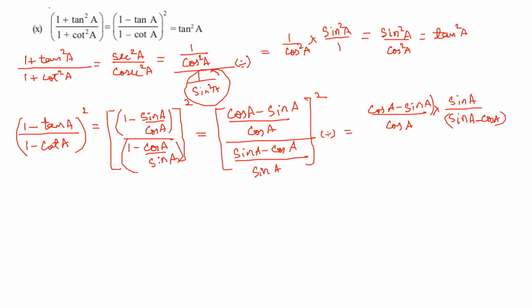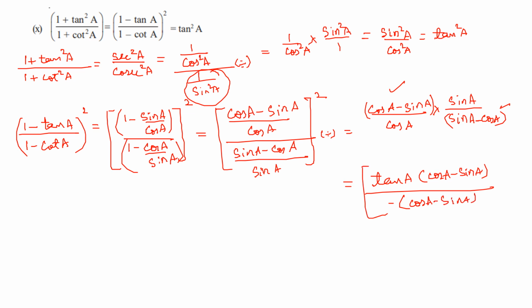Now if you see these two parts, it is cos A minus sin A, it is sin A minus cos A. And this sin A by cos A, it will become tan A, isn't it? Tan A into cos A minus sin A. From the denominator, I am taking minus common, so it will become cos A minus sin A. And this complete is again a square.